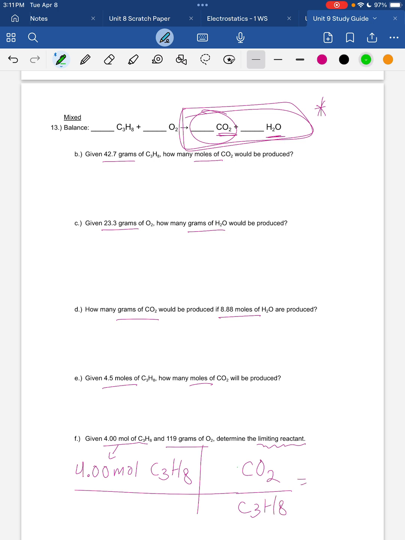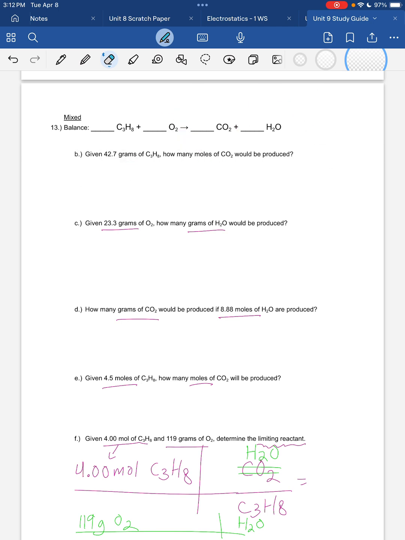But you could also go into moles of H2O, and that would still be correct as long as when you're setting up your 119 grams of oxygen, you are still going into moles of water in this particular case. Like I said, it doesn't matter which product you're going into for a limiting reactant as long as you stick to that same one. And that is all.